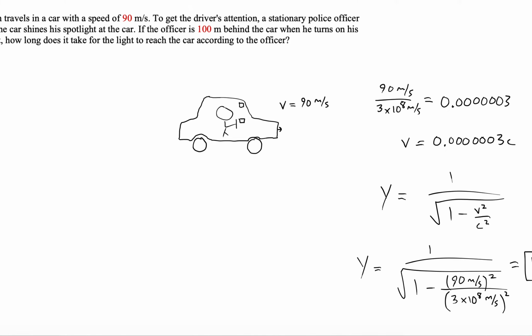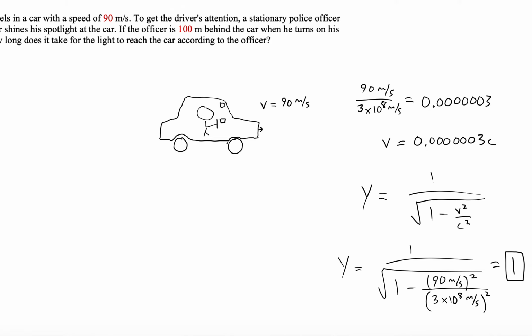So that means that as this car moves to its new position, by the time the light beam goes up and then comes back, the light clock will hardly have moved at all. That's how fast light is, right?